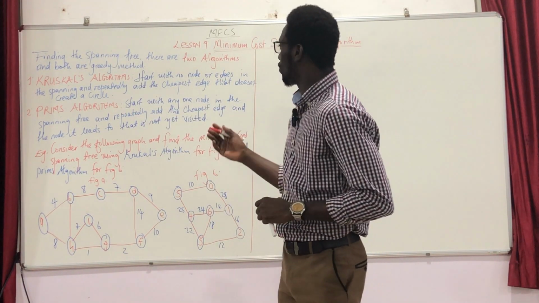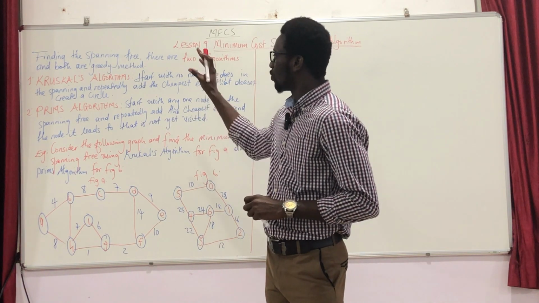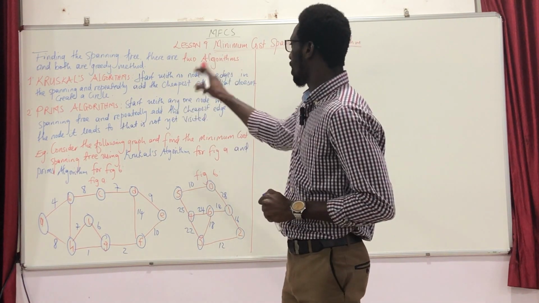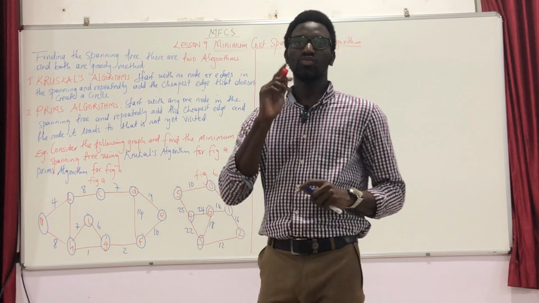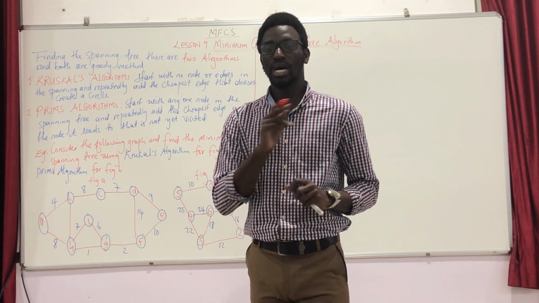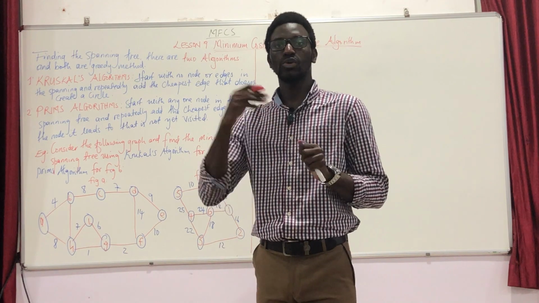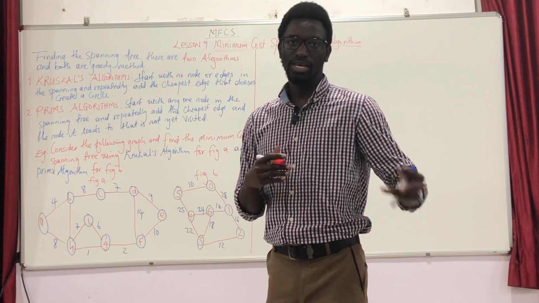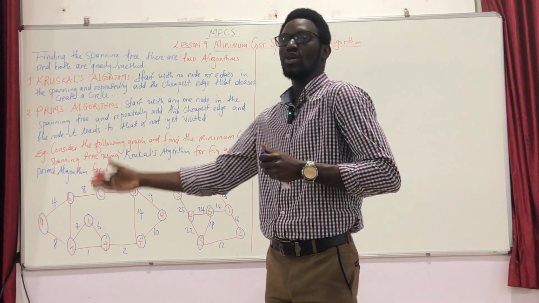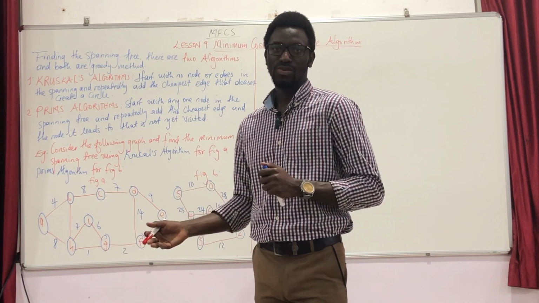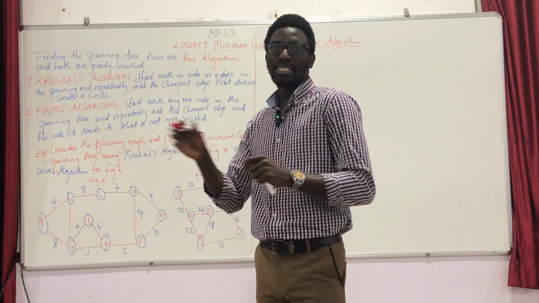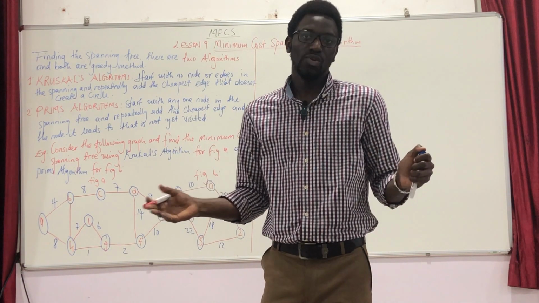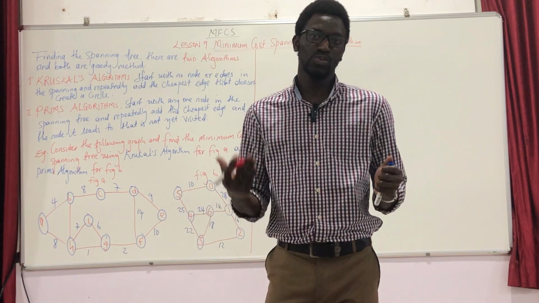So in today's lesson, you are going to see how we use these two algorithms, as you can see on the board. The first one, which is Kruskal's algorithm, you can start with no node, then you move to the next node. You check if this is the cheapest path, then you follow the path. If this one is expensive, then you ignore it. At the initial stage you don't have any idea of what you want to do.